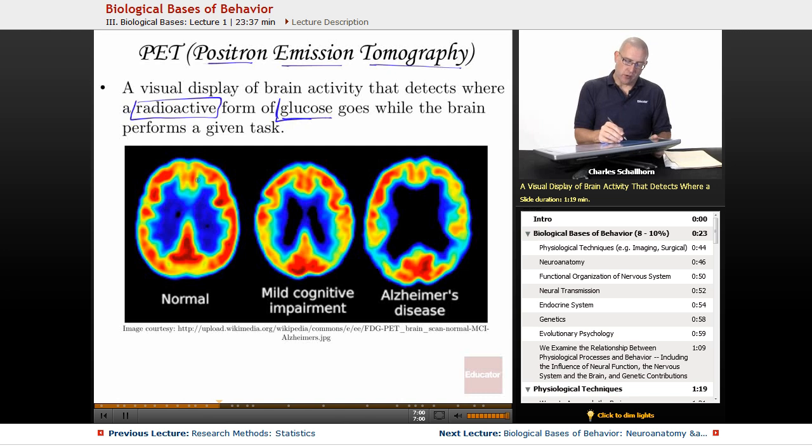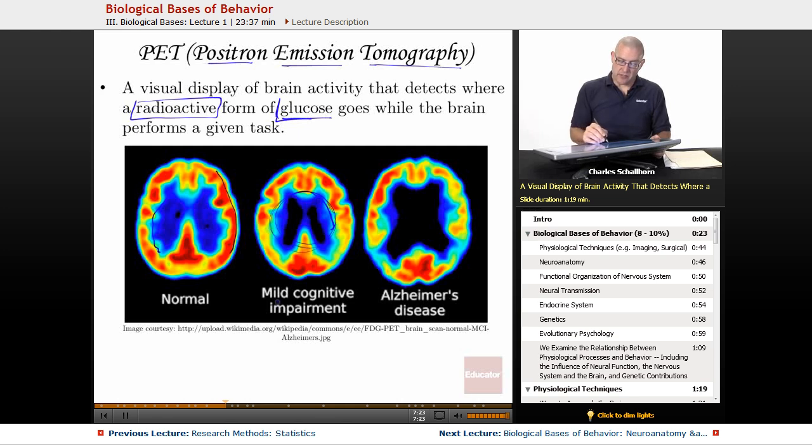And so you see here a normal brain where you've got a lot of the brain being active on the cerebral cortex on the outside, and then some blue, the less active but still active areas toward the center of the brain. With a mild cognitive impairment, you'll notice that a lot of area in the middle is going to be not active.